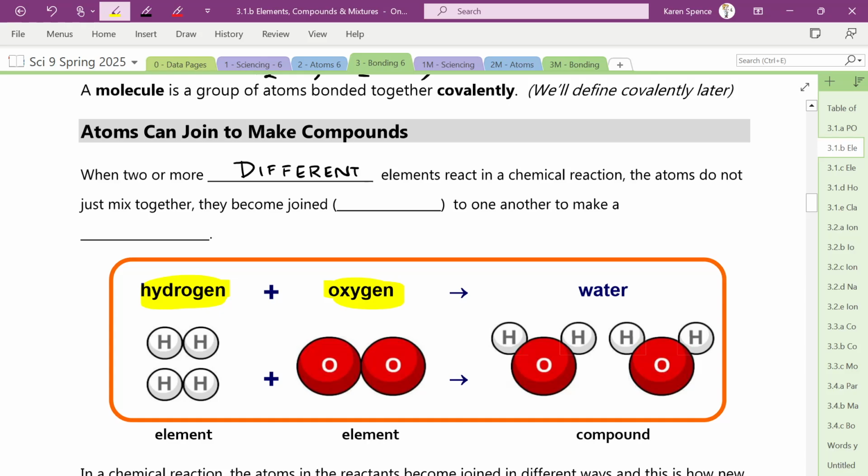When those elements react in a chemical reaction, the atoms do not just mix together, they become joined. What's the word we use for joined? Bonded to one another to make what kind of a thing is water? That is a compound.